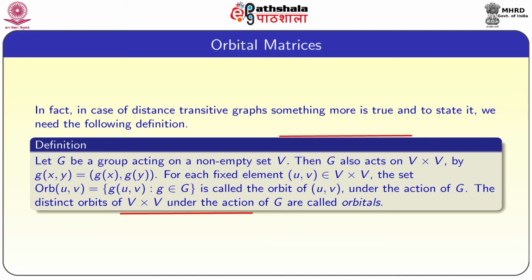For a fixed element (u, v) of V cross V, the orbit of (u, v) is equal to the set of all ordered pairs which G takes to (u, v). That means, g is varying here, (u, v) is fixed. So, we are collecting all ordered pairs which are mapped by the automorphisms of G to (u, v). So, this is called the orbit of (u, v) under the action of G. The distinct orbits under the action of G are called orbitals.